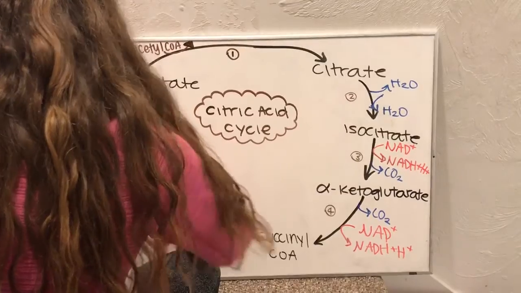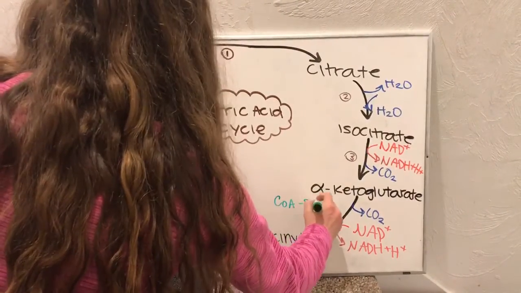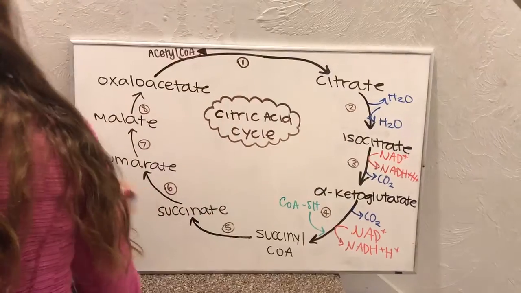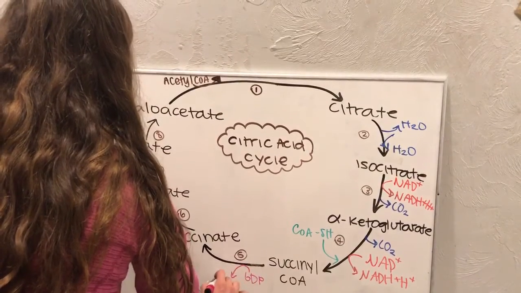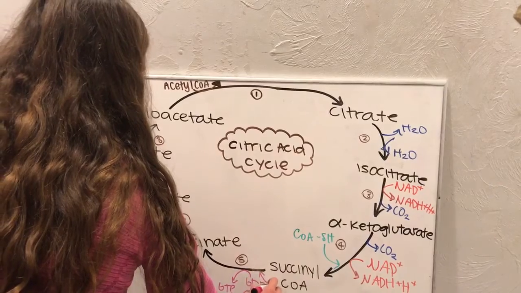Also, the remaining molecule is attached to coenzyme A by an unstable bond. In this step, GDP is turned into GTP by the addition of a phosphate group.